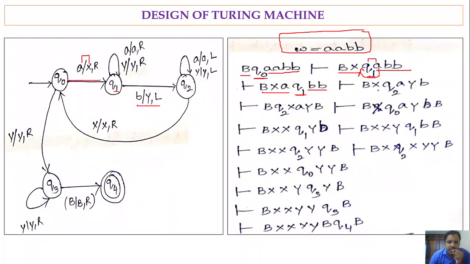So we get BX, the resultant state is Q2, and we write A after the state because we have moved the head towards left and it must point to A. So Q2 AYB. Now we are in state Q2 and the current input is A. In Q2, if we get A, keep that A as it is and move the head towards left.